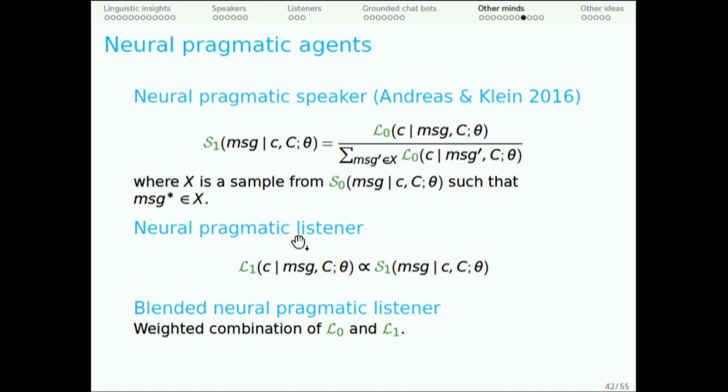Once you've done that, your problem is solved. The pragmatic listener is just an application of the RSA calculation on top of this S1 here. So in that way, you've got these pre-trained models. They're done. You apply the RSA calculation, and presumably, those agents can do better at this task because they're effectively reasoning about each other.